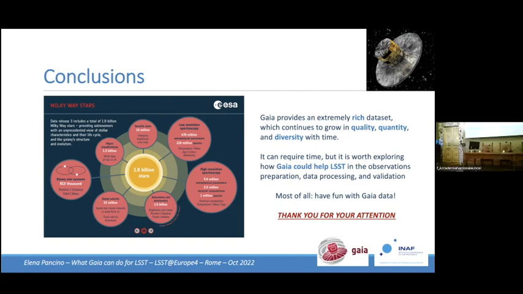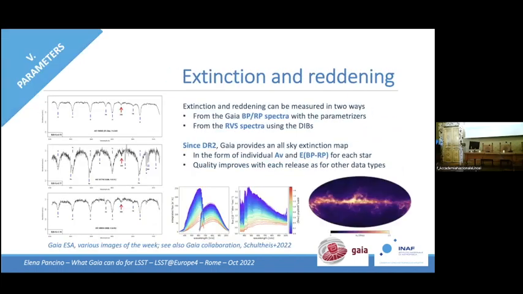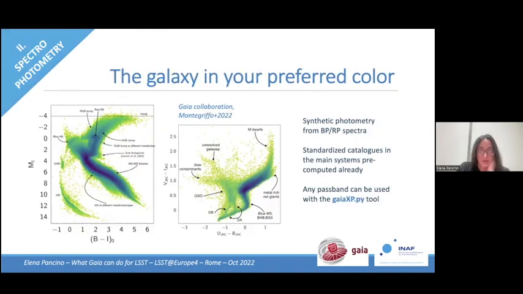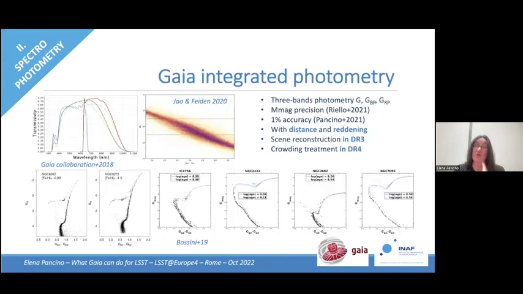Can you say a bit more, please, about the improvement in accounting for spatial confusion we can expect in DR4? Spatial confusion? It means resolving multiple sources, overlaps, crowding, and this type of things. I think so. Okay. So I have something here in the photometry part.